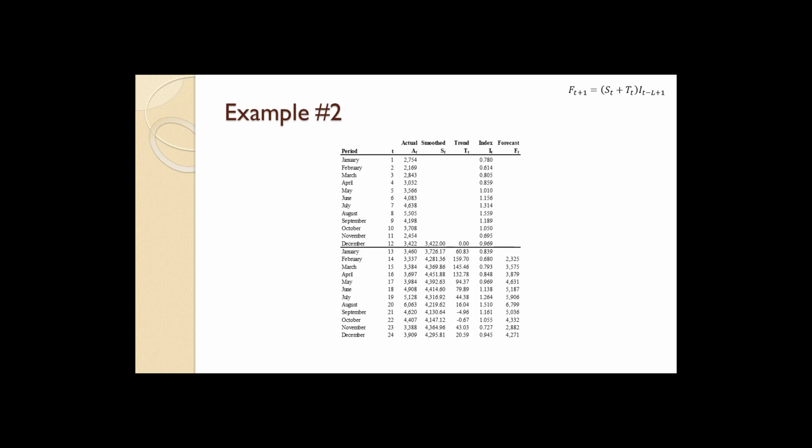F16 equals 4,369.86 plus 145.46, all times 0.859 equals 3,879. F17 equals 4,451.88 plus 132.78, all times 1.01 equals 4,631. The rest of the values are computed the same way. Pause the video and check your work so far. If you made a mistake, please rework the problem before continuing.